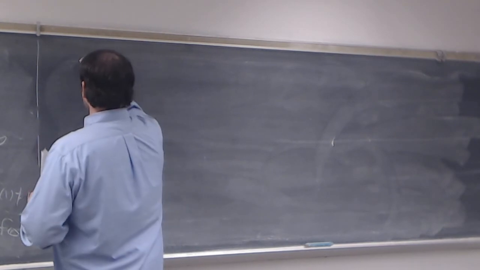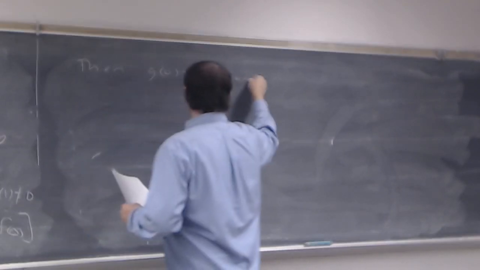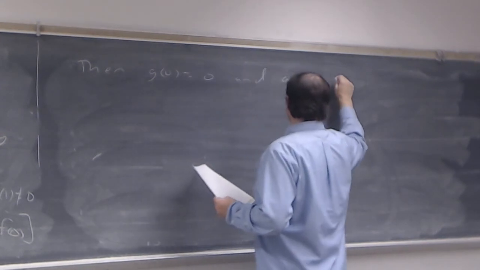And now you can see that g of 0 is equal to 0, and g of 1, you just take it as easy, is equal to 0.